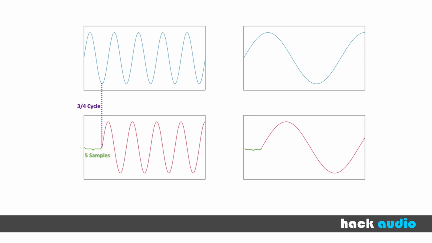So 5 samples of delay, but we have a lower frequency which has a longer period. So in this case, 5 samples of delay is actually equivalent to 1/4 of a cycle, or a rough approximation of that. So the same exact 5 samples of delay actually has a different amount of relative shift, 3/4 of a cycle versus 1/4 of a cycle. This becomes very important.